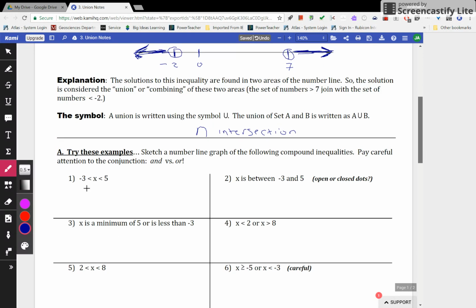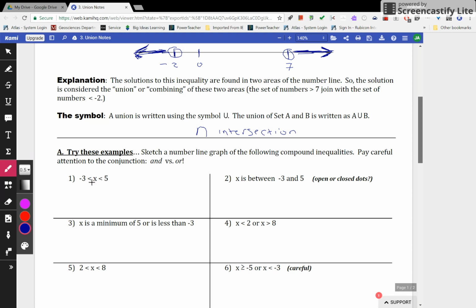If I had negative 3 is less than x is less than 5, is that going to be an "and" or an "or"? If this is a compound inequality, is this going to be an "or" statement or an "and" statement? In other words, could I have a value that's greater than negative 3 but not less than 5?